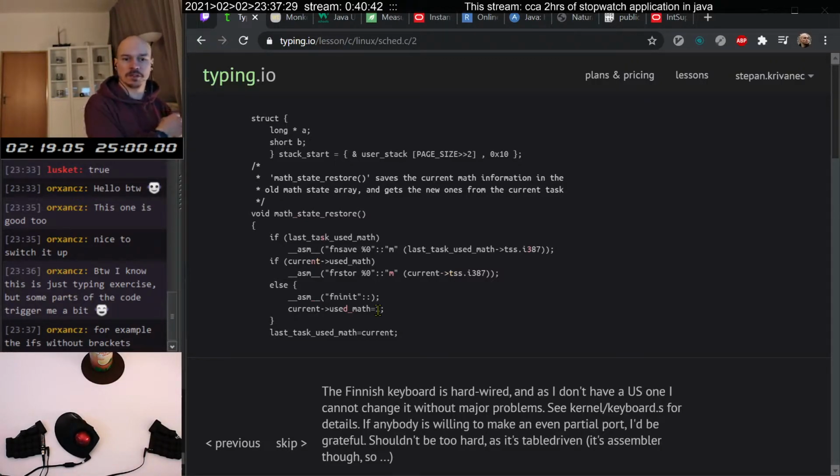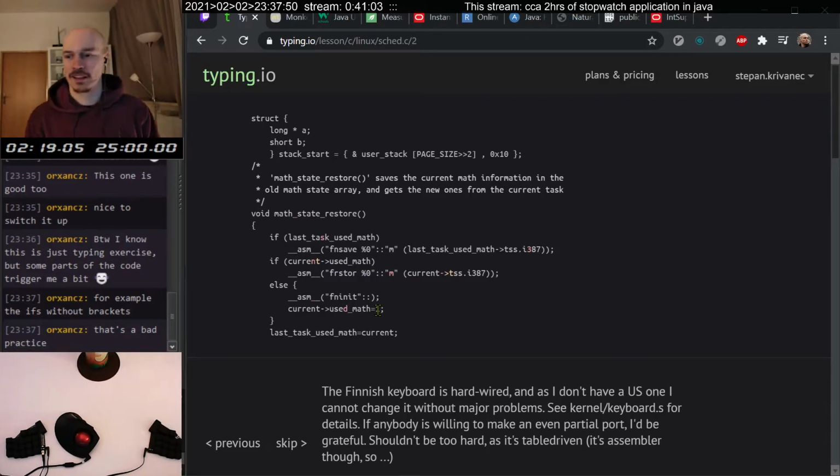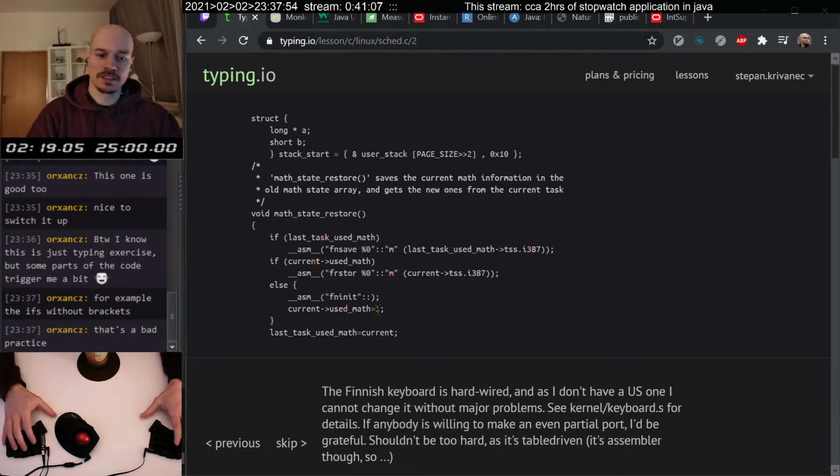The ifs without brackets. Yeah. I usually also feel they should be there, but lately I noticed that I don't put them there every time. Why is it a bad practice?